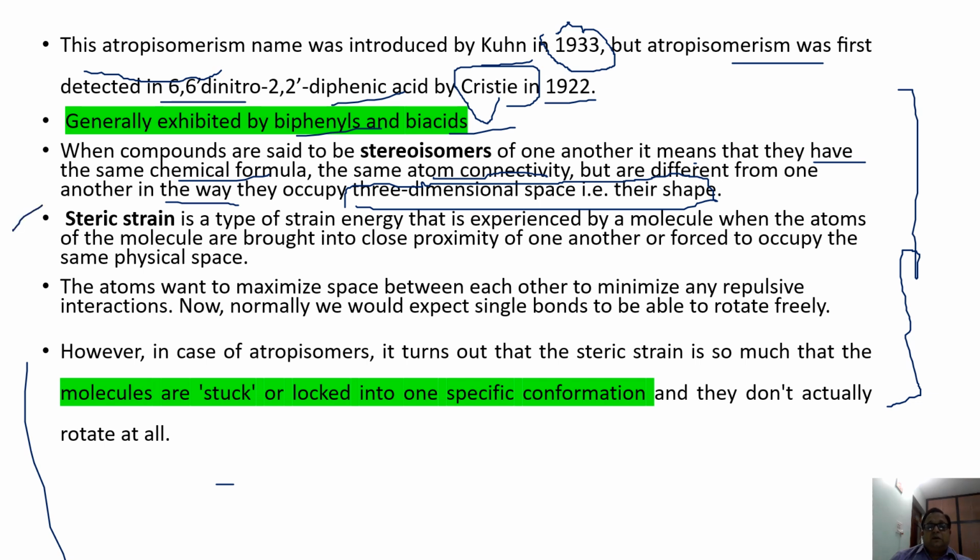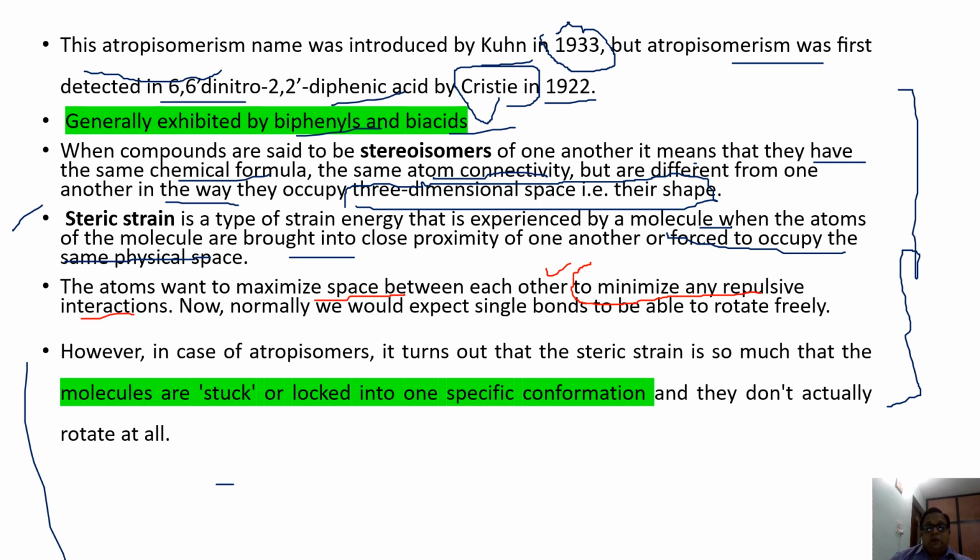Steric strain is a type of strain energy experienced by a molecule when its atoms are brought into close proximity or forced to occupy the same physical space. Now see, atoms want to maximize space between each other, to minimize repulsive interactions.